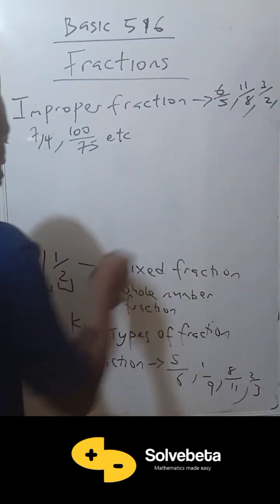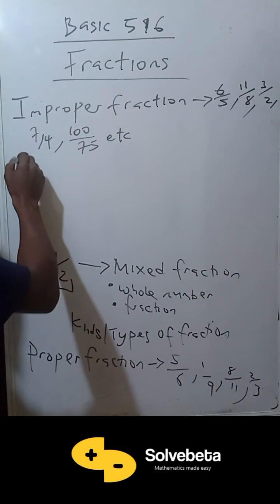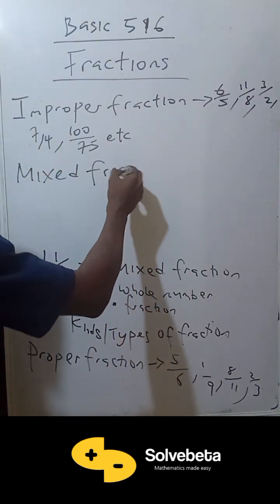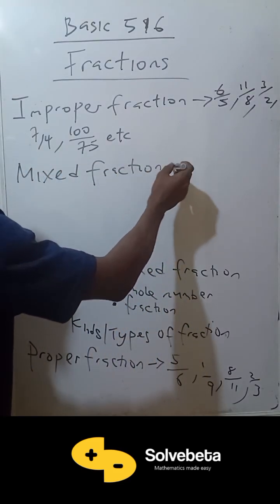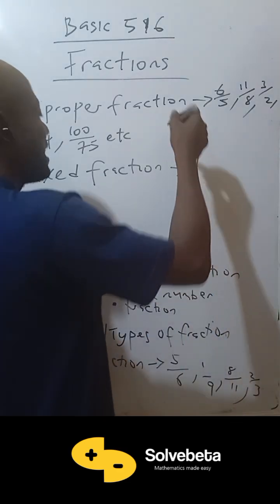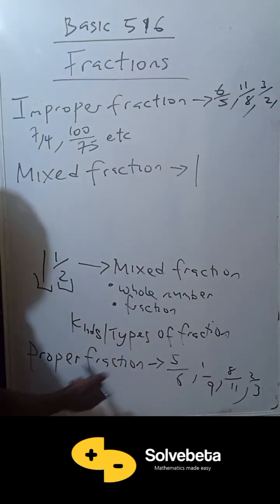Then the last, which I've talked about, is your mixed fraction. But let me expand on it. Mixed fraction or mixed number. What makes it a mixed fraction is a combination of a whole number and a proper fraction.